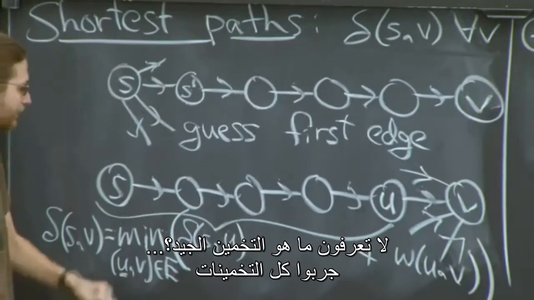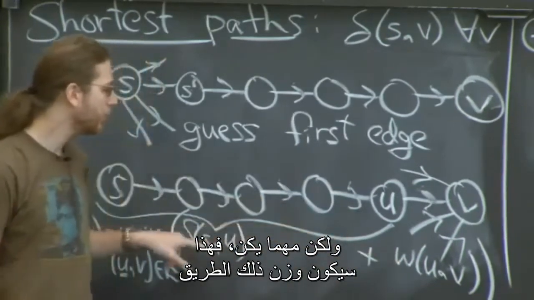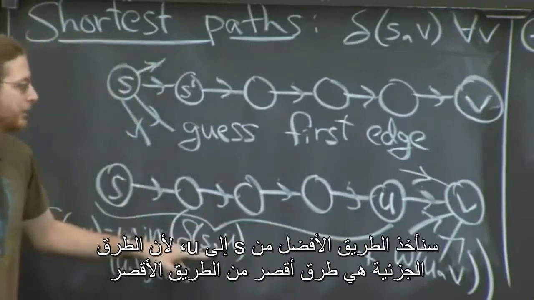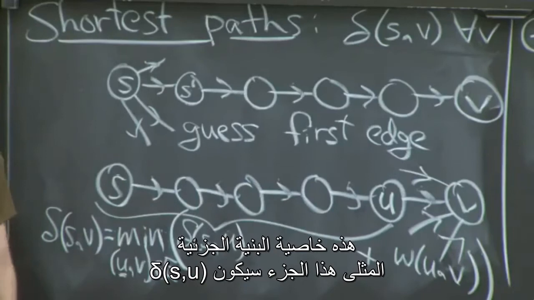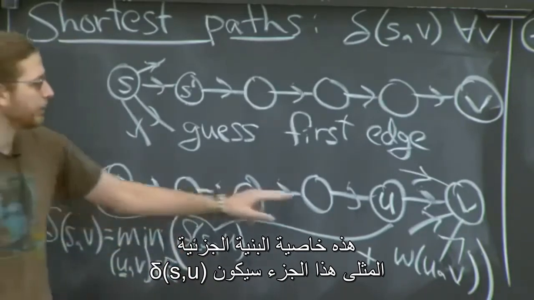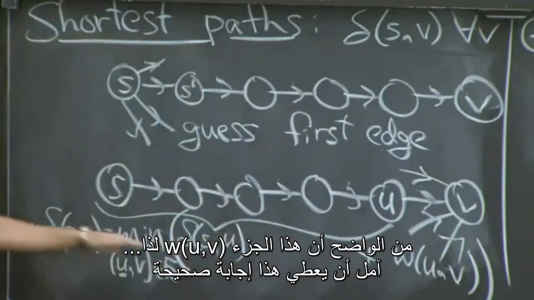We don't know what the good guess is, so we just try them all. But whatever it is, this will be the weight of that path. It's going to take the best path from S to U, because subpaths are shortest paths, optimal substructure. So this part will be delta of SU. This part is obviously W of UV. So this will give the right answer, hopefully.